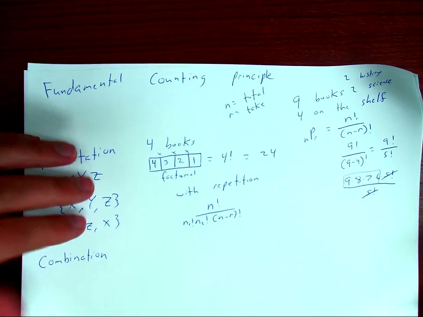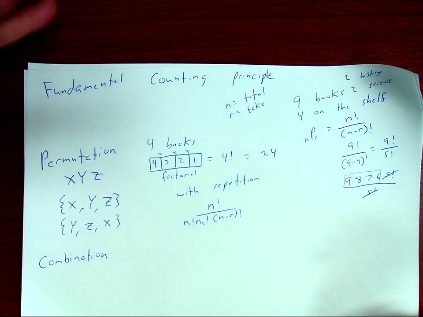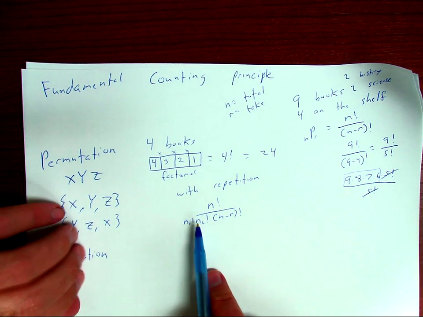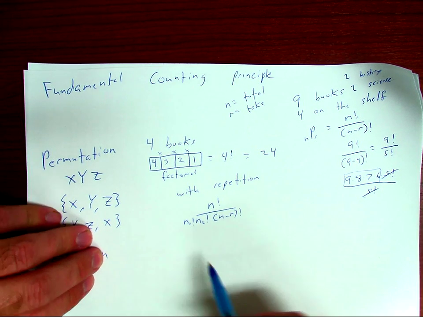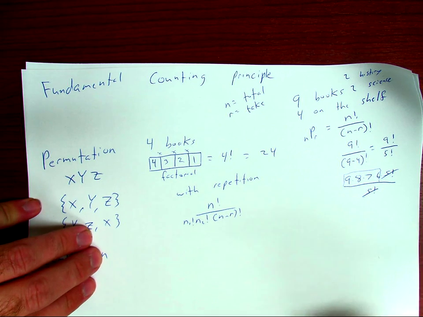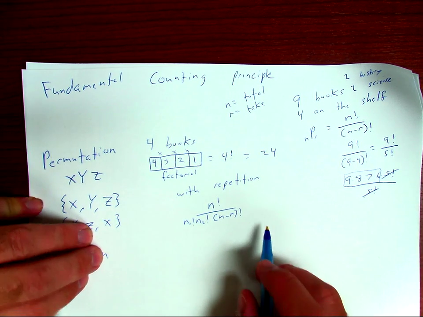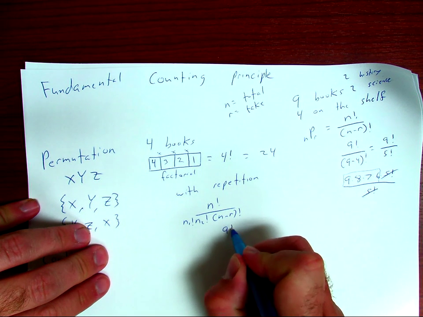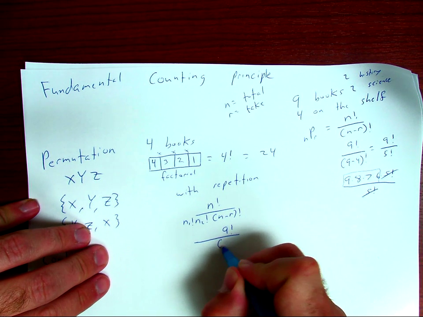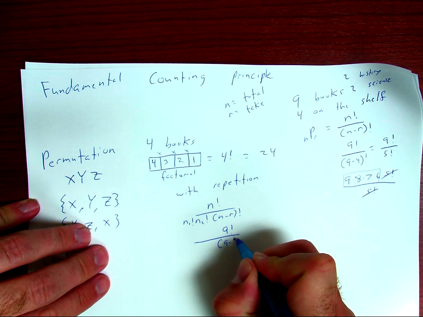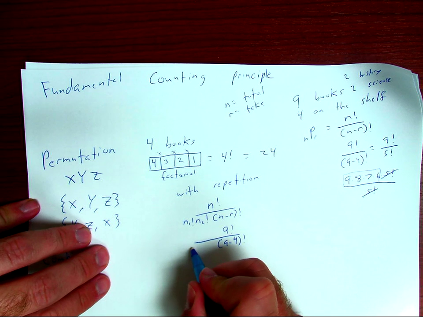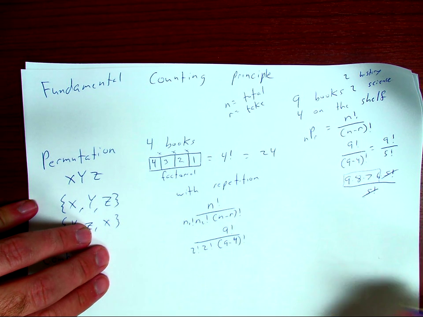So for example, if you're doing permutations of a word, every time a letter repeats, you would get an extra factorial, and it's just however many times it repeats. So in this case, it's still 9 factorial over 9 minus 4 factorial, and I have 2 repeats with 2 choices each, so that's 2 factorial, 2 factorial.